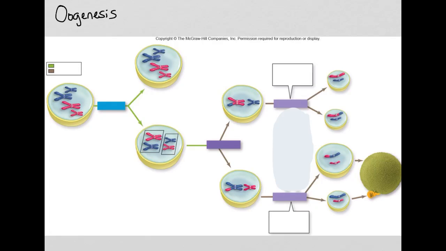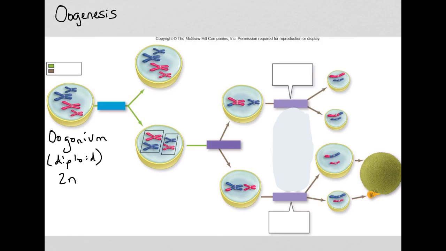All right, now we'll look at oogenesis, which is production of the egg or ova. So here we are in the ovaries. This is the germ cell, and it's called the oogonium. Okay, and it is diploid, 2N.